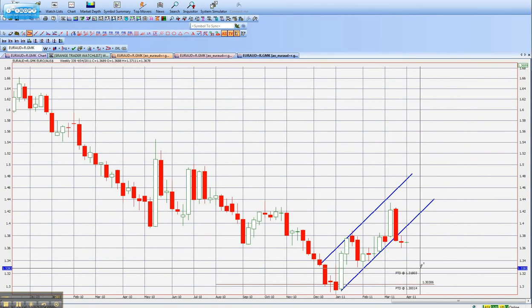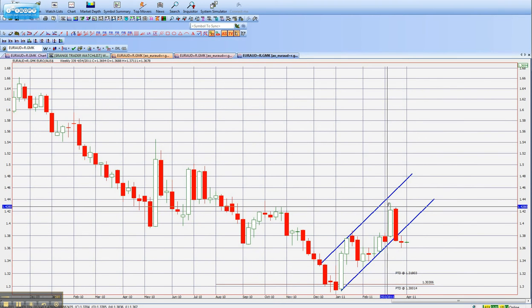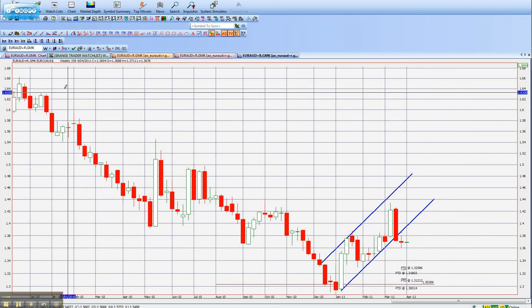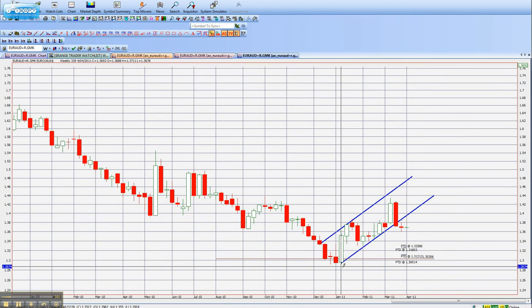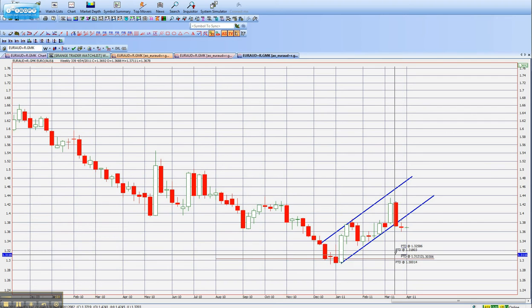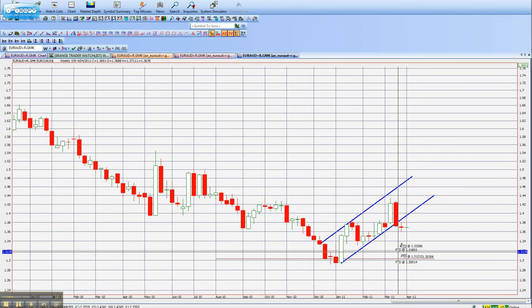Now the weekly is broken last week, and what we have here is that the target from the top to the bottom to the break is basically, if you have a look at it, down to the 131 level.